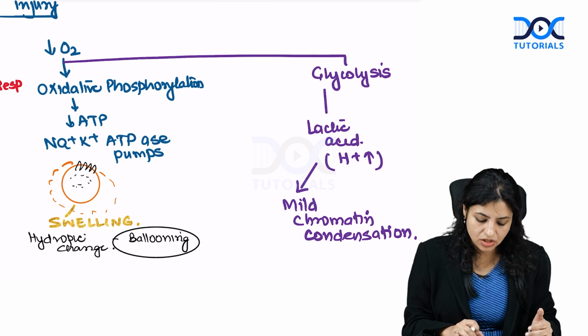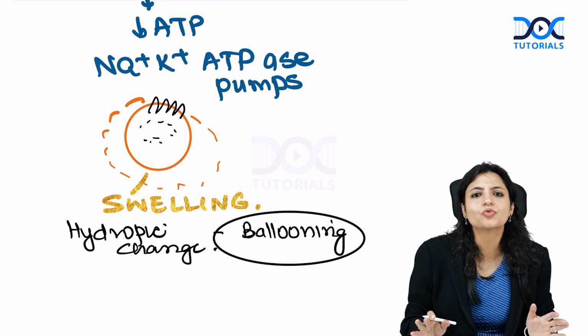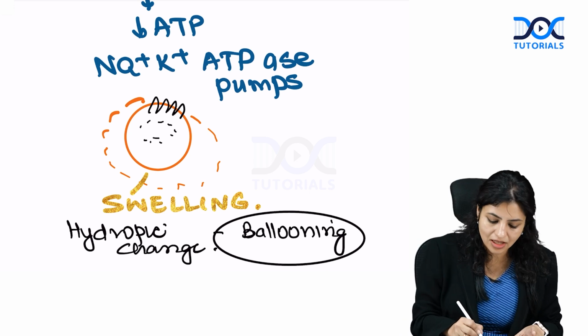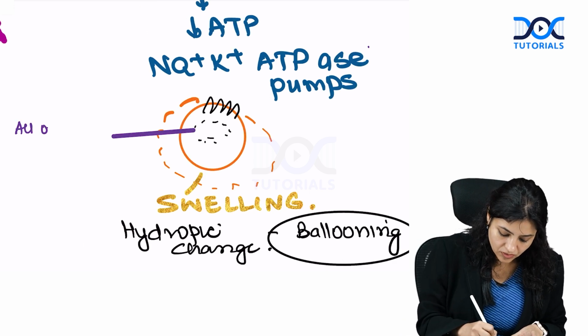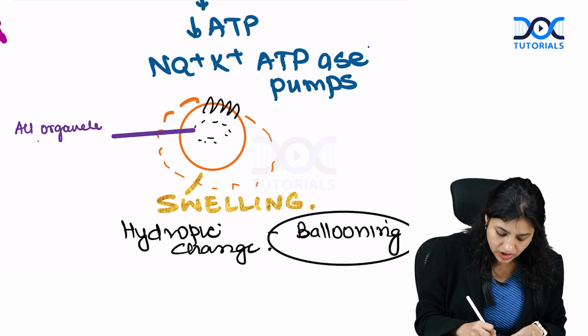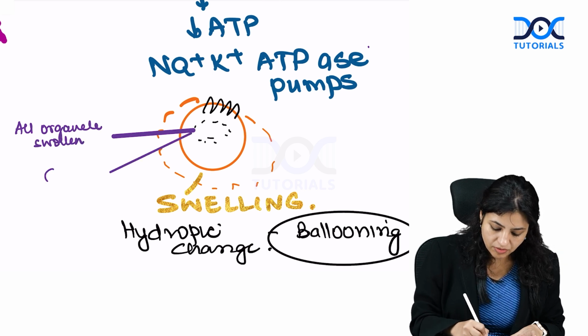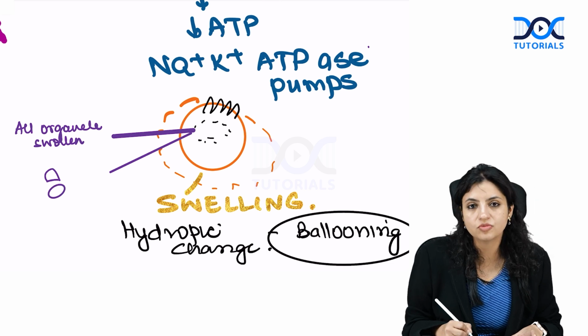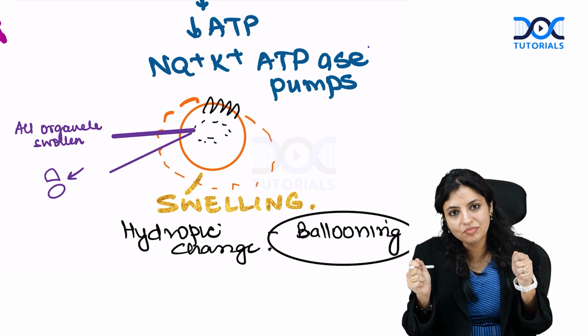Now, the second question, is only the cell swelling or are the organelles also swelling? Everything is swelling. When water comes inside the cell, all the organelles also get swollen. One of the organelles which is very important here is your ribosomes. When the swelling occurs in the ribosome, the two subunits get separated.